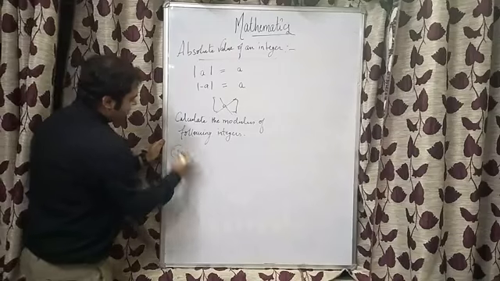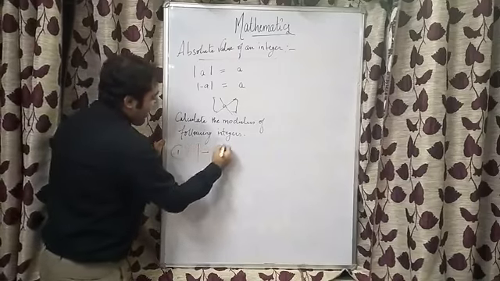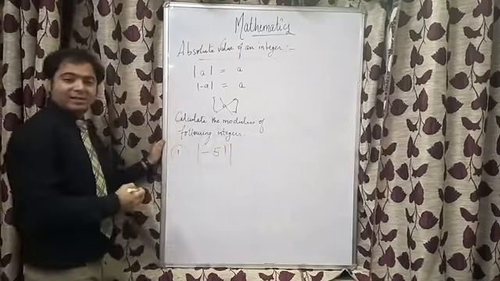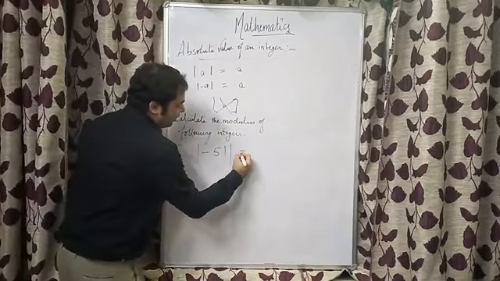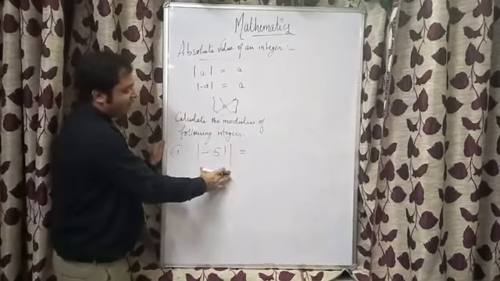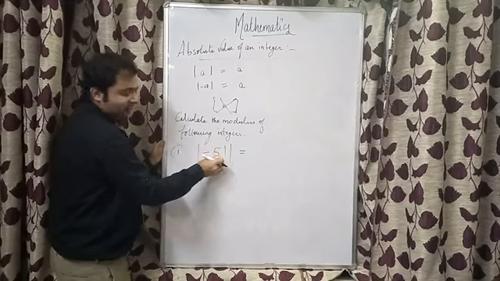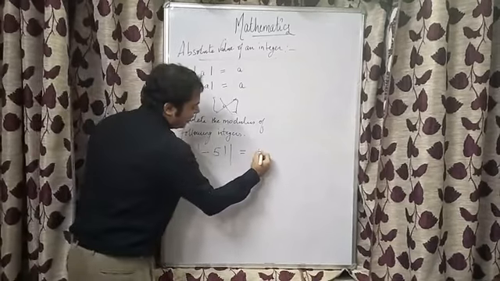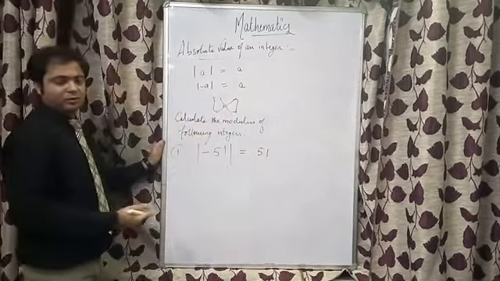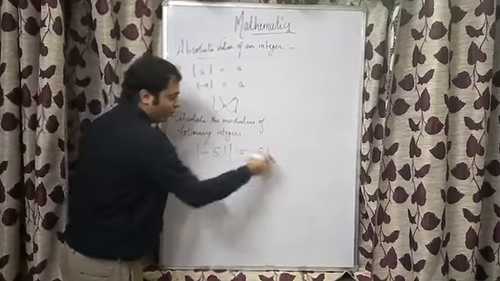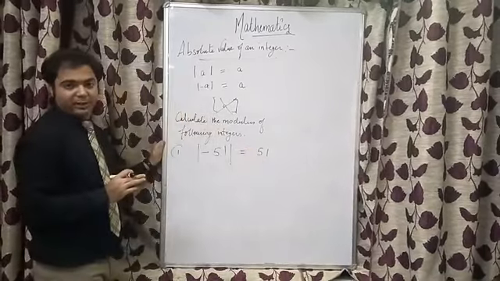Suppose we take minus 51 inside mod. So the work of this mod is to give the numerical value of the integer inside it. The integer is 51 without its sign. So without its sign it will be 51. No straight lines, no negative sign.